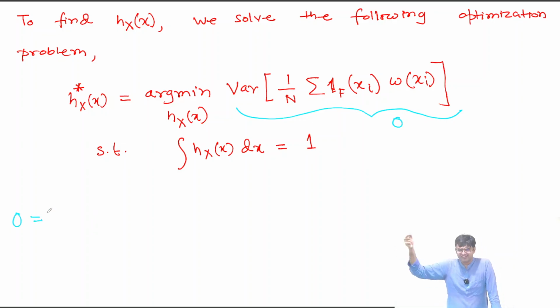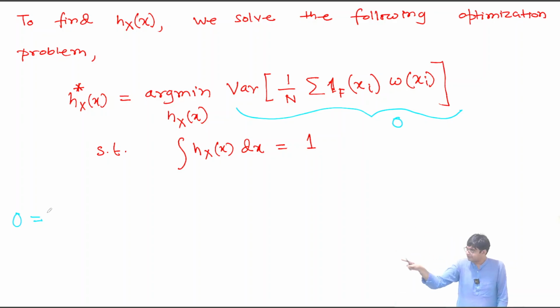Remember what are xi? Xi are samples, any sample, or it has some property? IID. So what I want is the independent part. If xi's are independent, the variance can go inside, there will be no covariance part, and 1 by n will become 1 by n square.